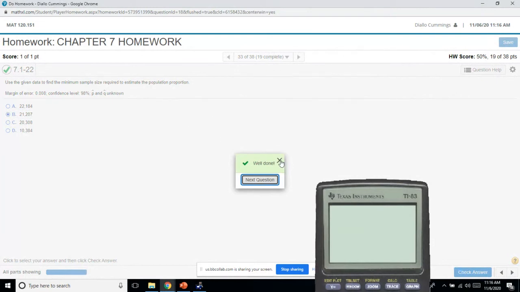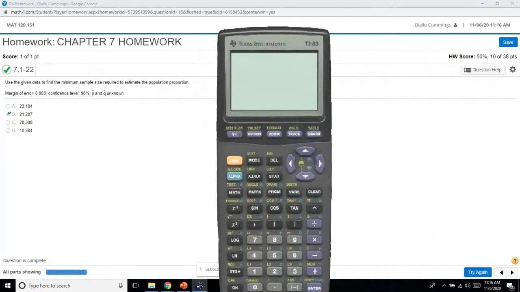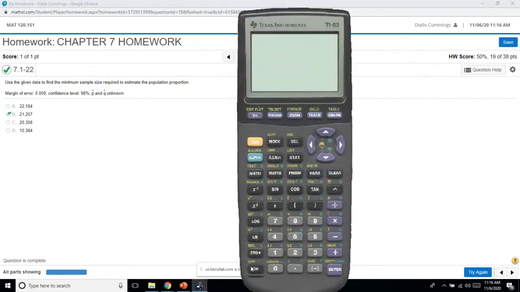Okay, so again, I'll perform that calculation on this calculator. So we have 2.33 squared times 0.25 divided by 0.008 squared.